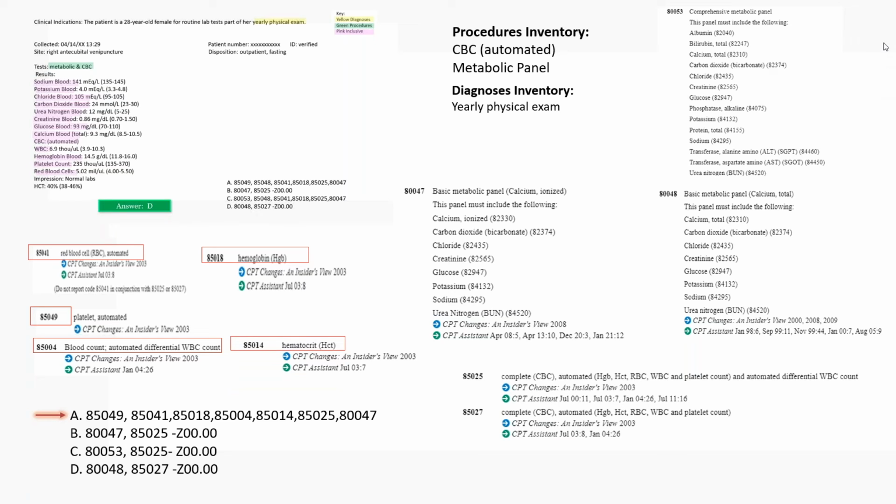So coders, just looking into this scenario, do you think option A is going to be the correct one? Why do you think this is the wrong answer? Too many codes.